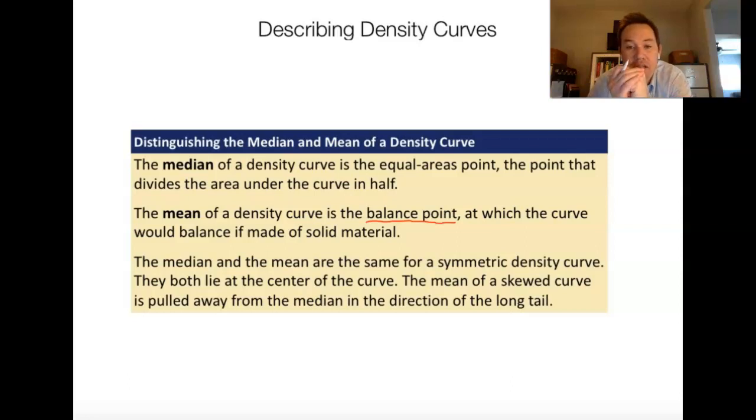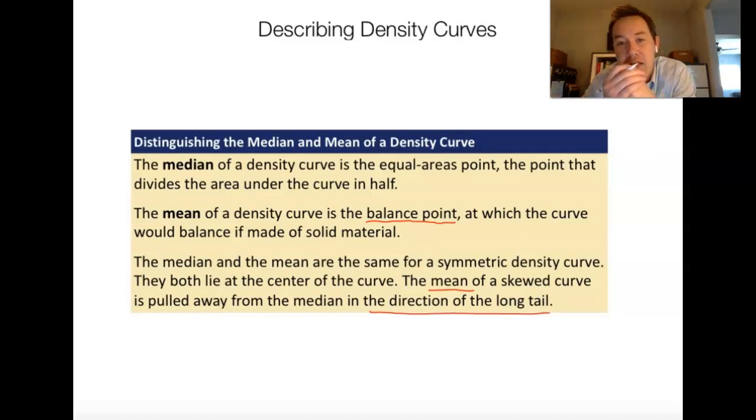So if the curve is symmetric, the mean and the median will be the same, right in the center. If it's skewed, the mean is going to be pulled away from the median in the direction of the long tail.